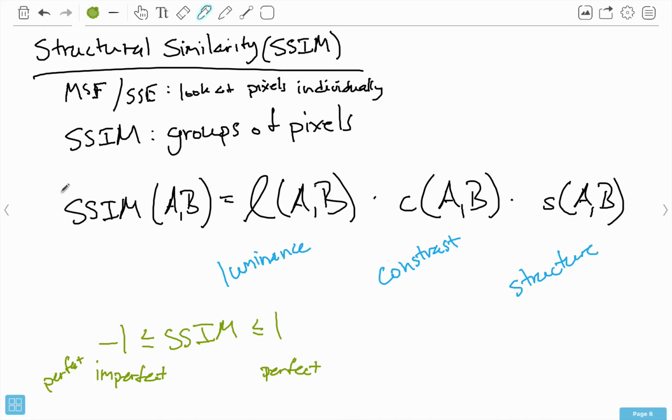So it looks almost exactly like this. It has other parameters, but we don't have to know what these are. We can just pass the images into the function and run it.